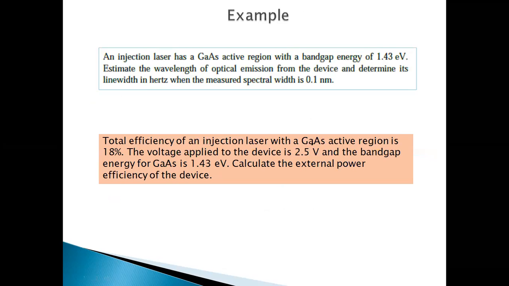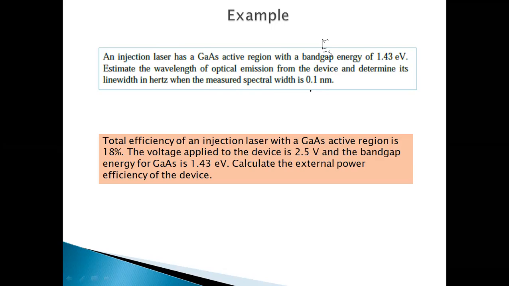Let's have a look at an example about this laser diode. We are given a case of an injection laser having a gallium arsenide active region, with a band gap energy of 1.43 electron volt. That should be your Eg. The question is to estimate the wavelength of optical emission from the device, and determine its line width in hertz when the measured spectral width is 0.1 nanometer.